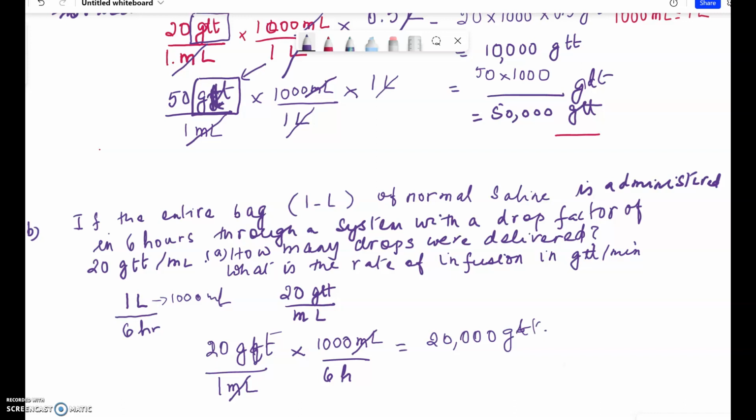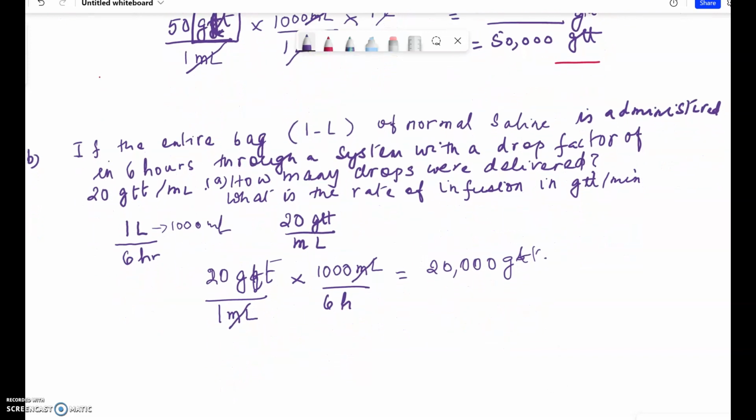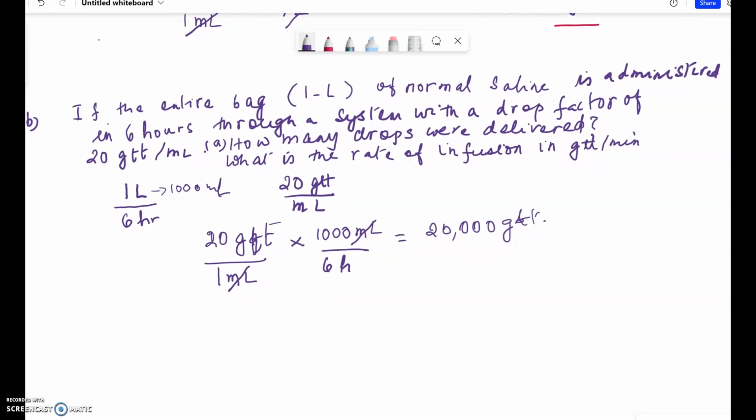The next question is, what is the rate of infusion in GTT per minute? So that's 20,000 GTT per 6 hours. So that's the number of drops that were delivered in 6 hours. We multiply with, now we have to change hours to minutes. So 1 hour equals 60 minutes. So it's 1 hour over 60 minutes.